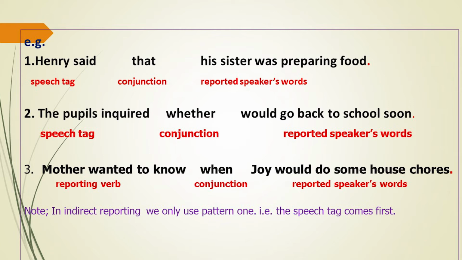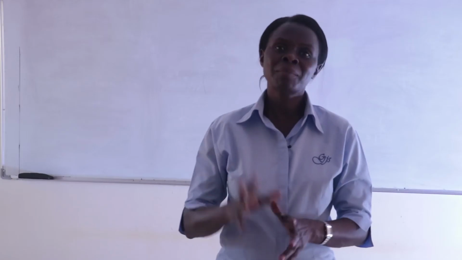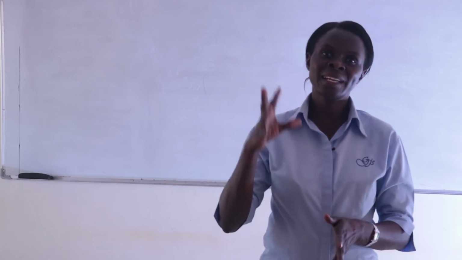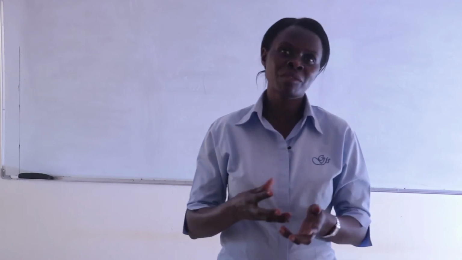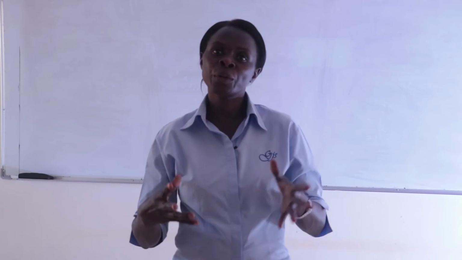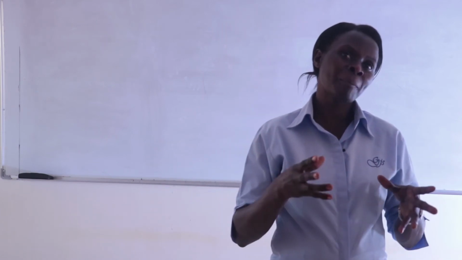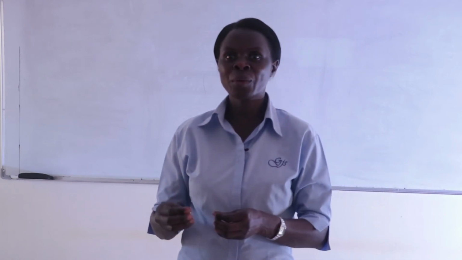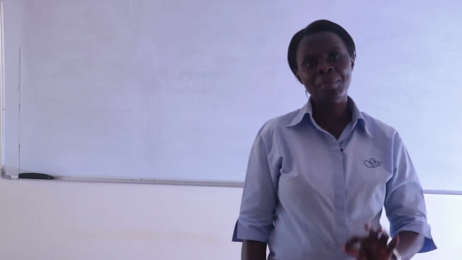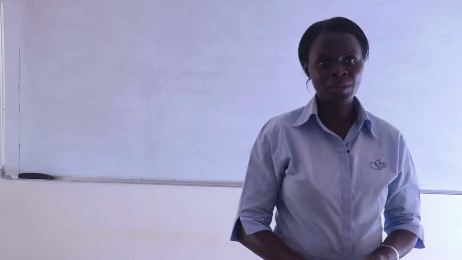So an indirect statement has 3 parts. Sometimes, when writing the indirect statement, we leave out the conjunction. But most times, we use that conjunction to connect the speaker's words to the speech tag. And that's why we come up with the 3 parts making up an indirect statement.